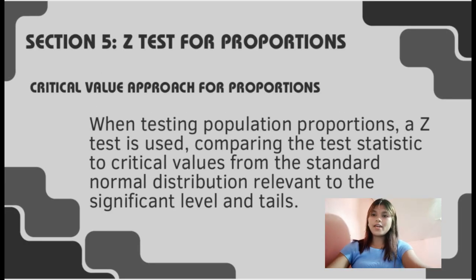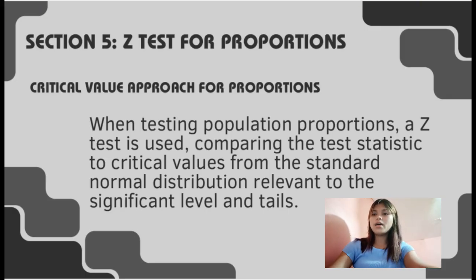So section 5, which is the z-test for proportion, critical value approach for the proportion. When testing a population proportion, a z-test is used to determine whether the observed sample proportion significantly differs from a hypothesized population proportion.